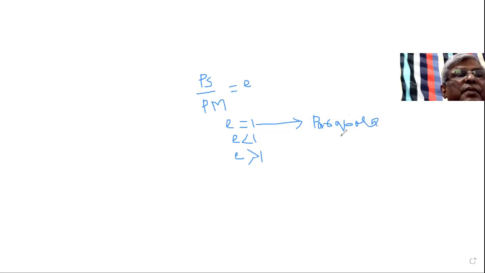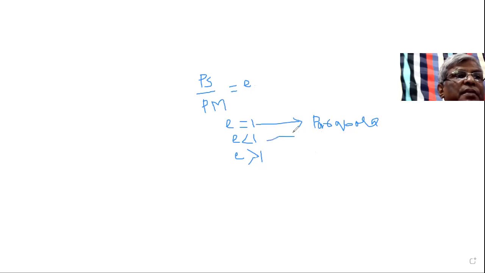I hope it is clear. If you put PS upon PM equal to 1, it means PS and PM are identical, so they cancel: PS upon PS or PM upon PM gives you 1. So if e is equal to 1, this is a parabola.